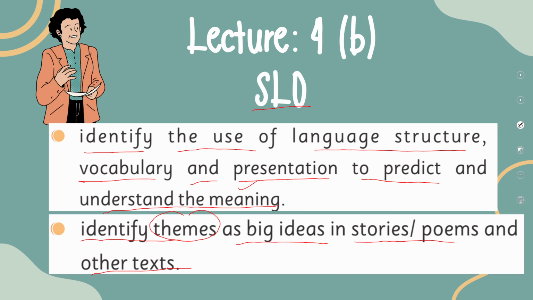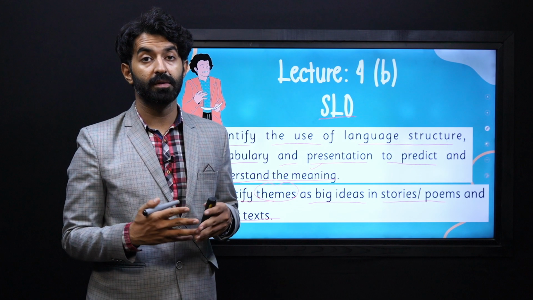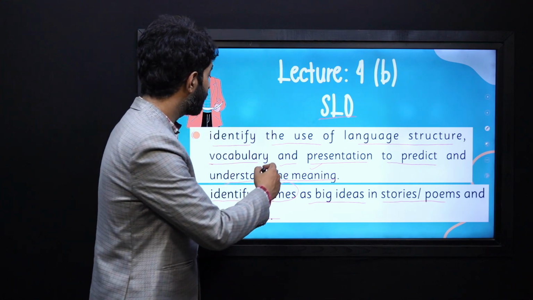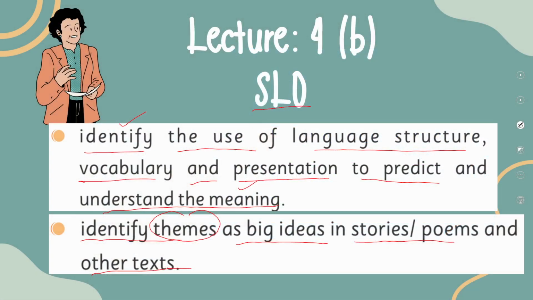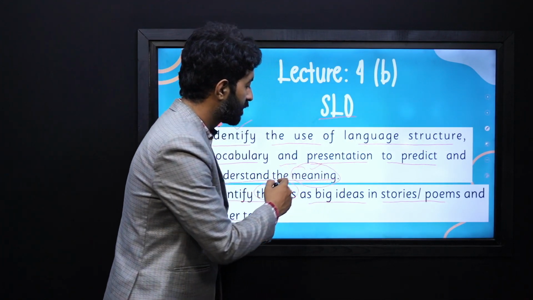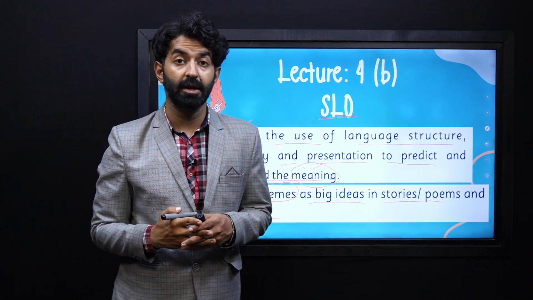So, identifying the themes or the main or big ideas will be discussed, and in the first one, we will be identifying the use of language structure, vocabulary, and presentation of the text to predict and understand the meaning. So this is all about understanding the meaning.